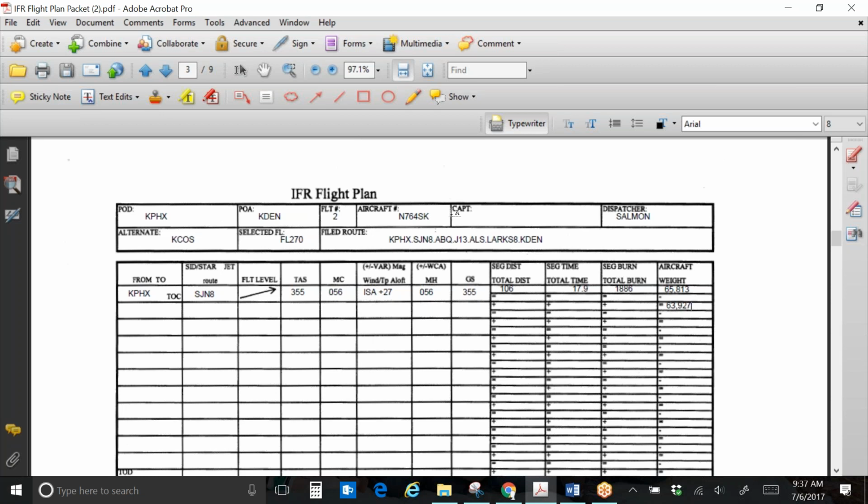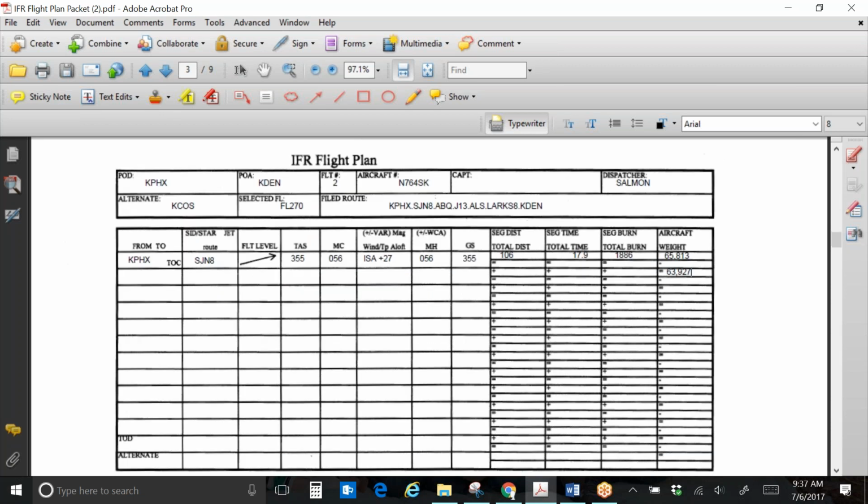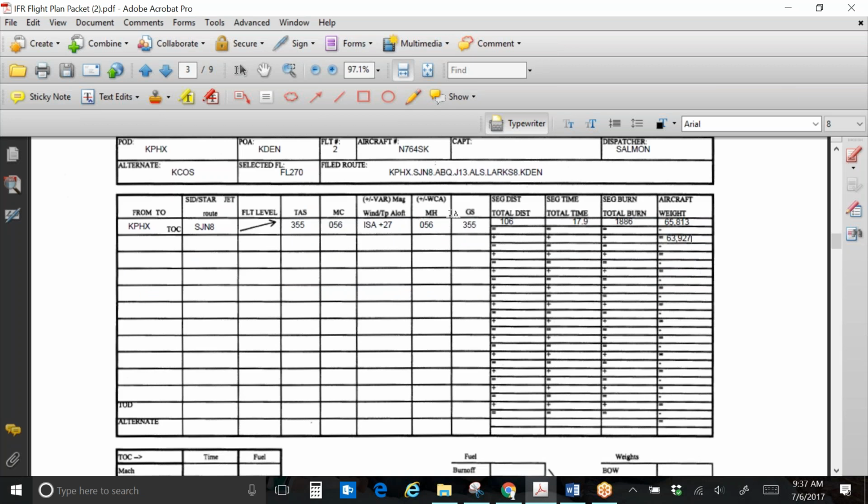Now, remember, after we do our climb out, we actually are going to skip straight to our top of descent. We also need to figure out exactly where this top of climb point ended for us, and then figure out where our top of descent is.